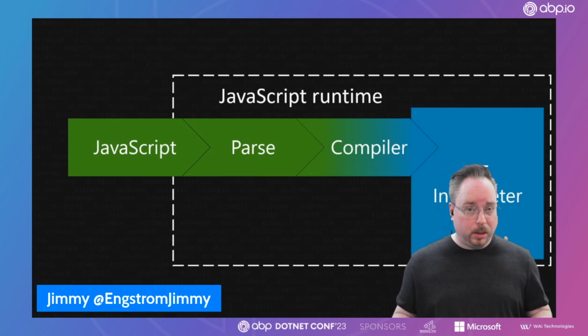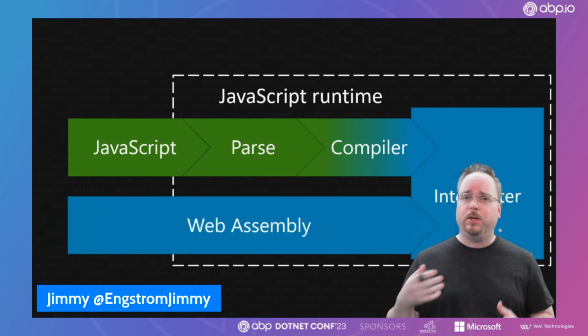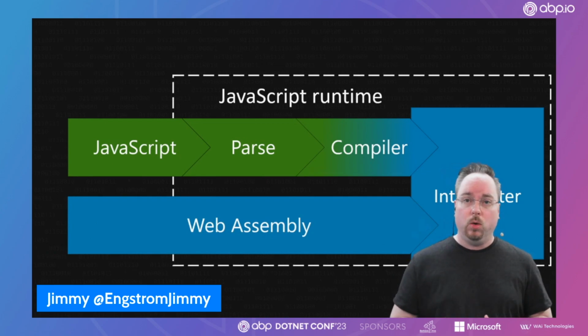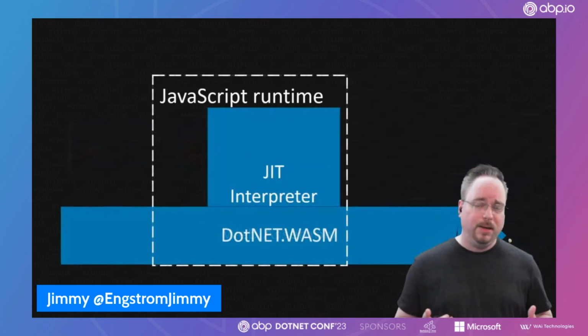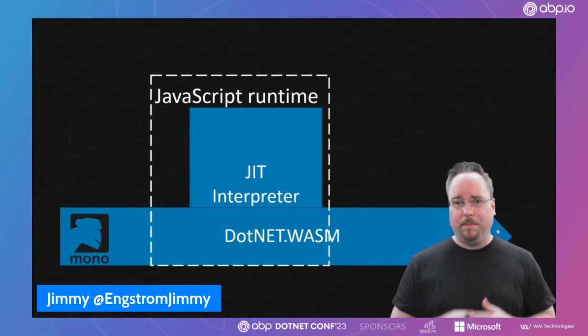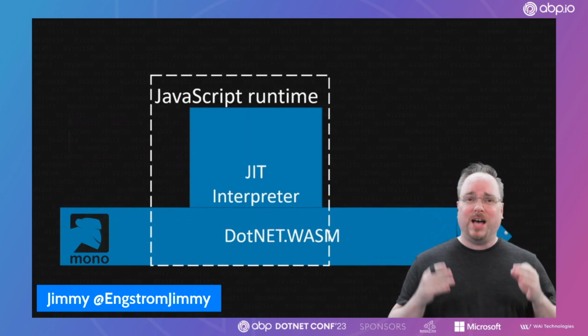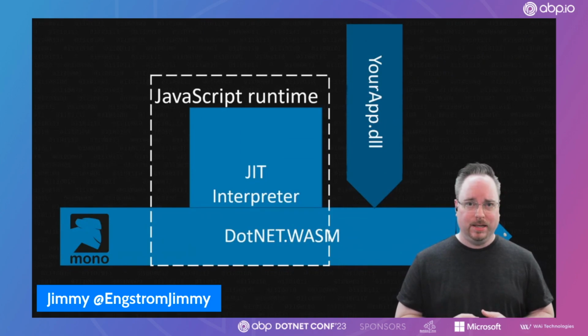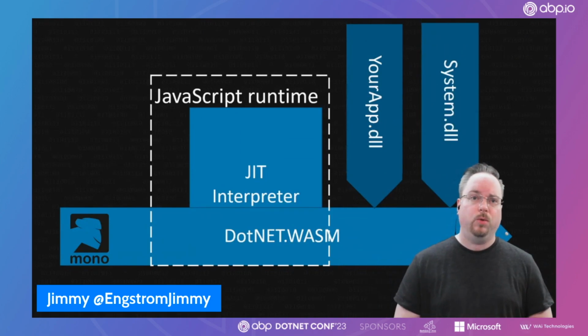Now, with WebAssembly, we can bypass some of these steps because the JIT interpreter can run the WebAssembly code directly. So what Microsoft did was take the Mono runtime, compile that to WebAssembly, and then it runs our .NET DLLs, and it runs the .NET framework files as well.